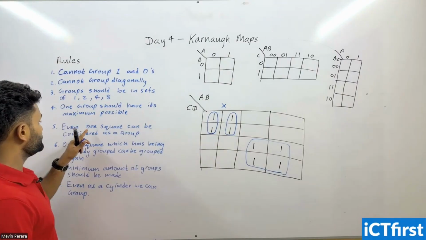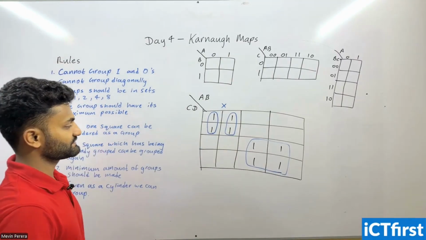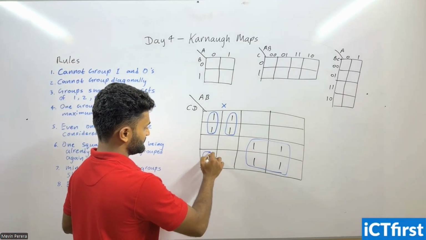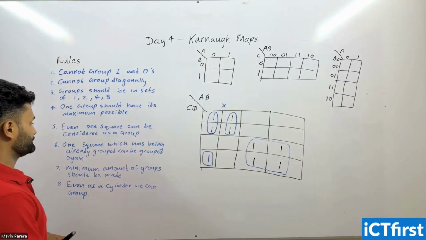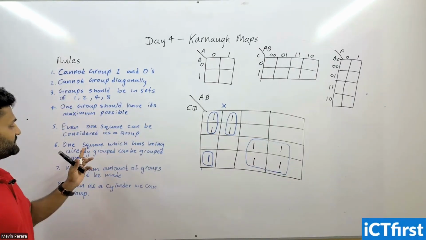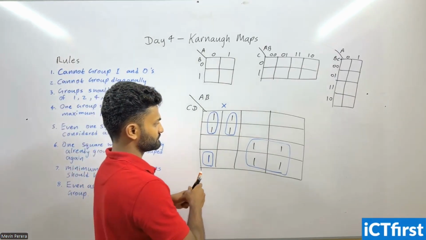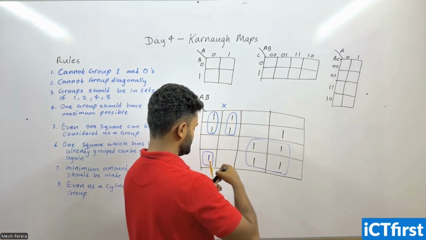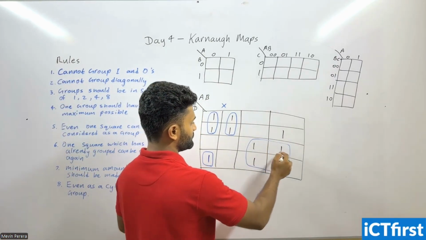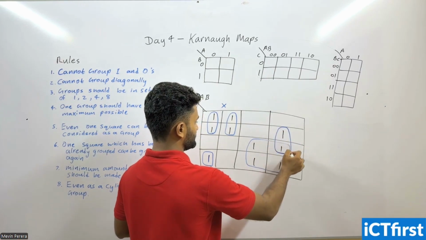Then next one, even one square can be considered as a group. We can consider one as a group. One square which has been already grouped can be grouped again. Now, let's say there was one here as well. We can group it like this.